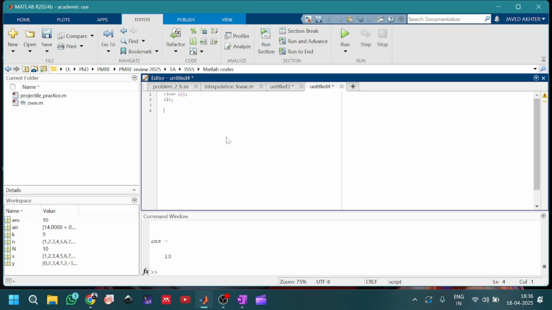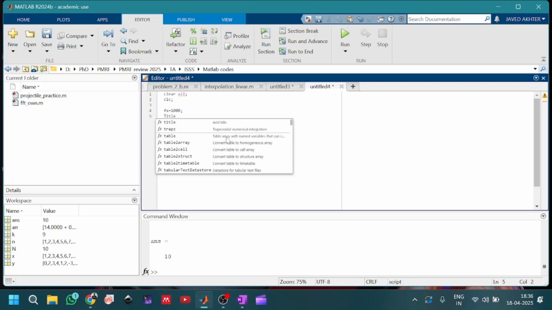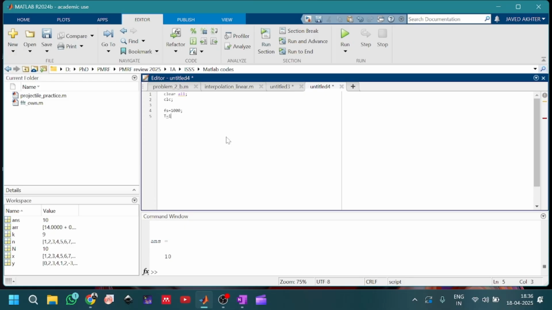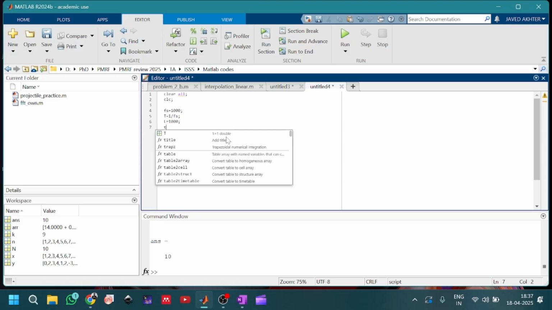First I will define the sampling frequency, which, for example, I consider to be 1000. Corresponding to the sampling frequency, we will have a sampling period. The period is the reciprocal of frequency. This is the sampling period, and you will have the number of data points, which I call L. And you will have your time axis.